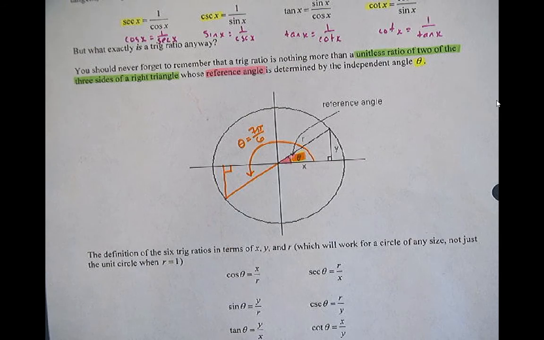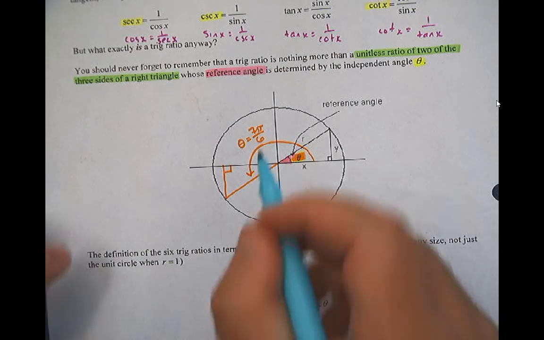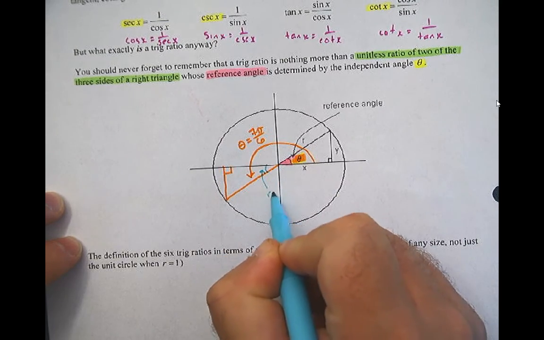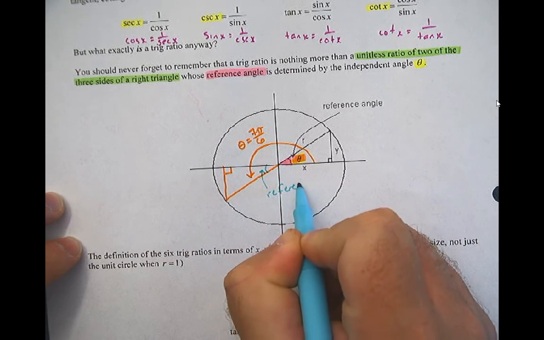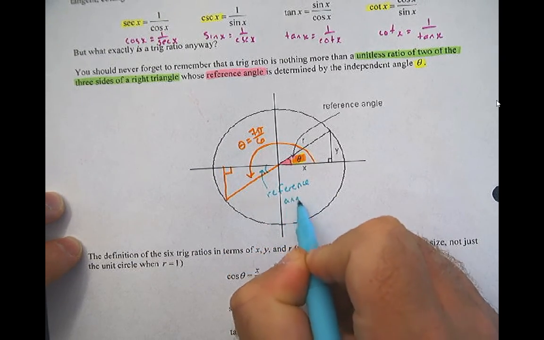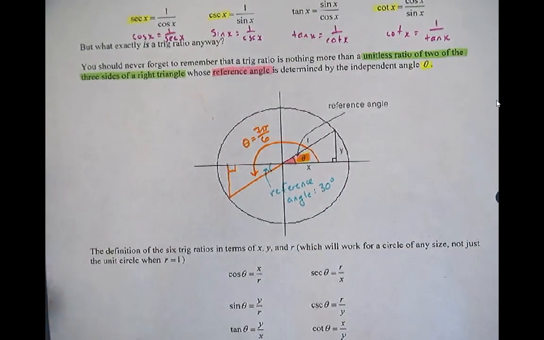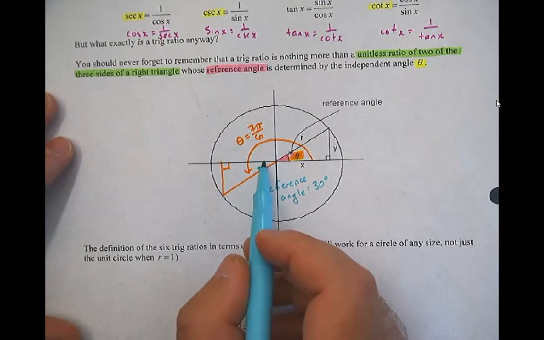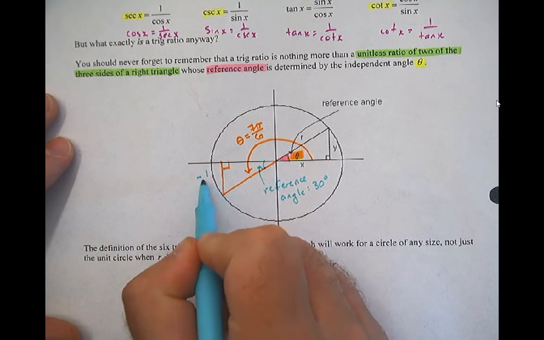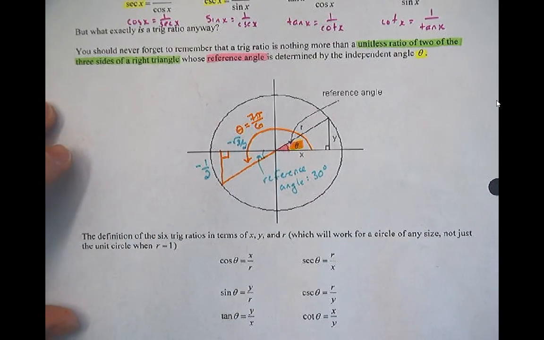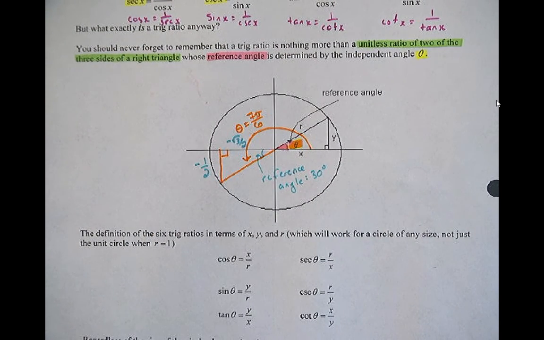But my reference angle is only 30 degrees. So the reference angle is the angle that we use. Now I know that this is 30 degrees. This is going to be negative 1/2. This is going to be negative square root 3 over 2. And then we can apply our trig functions from there.